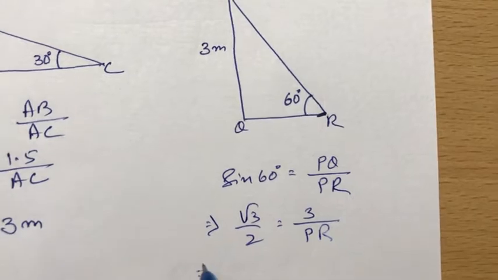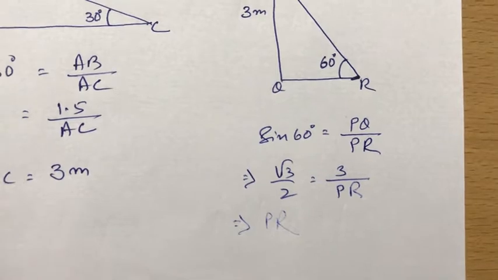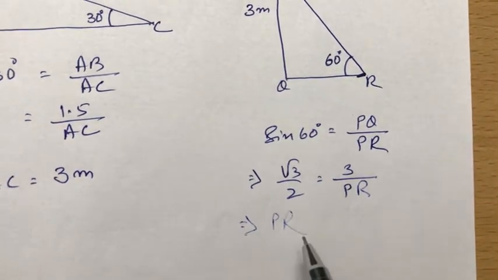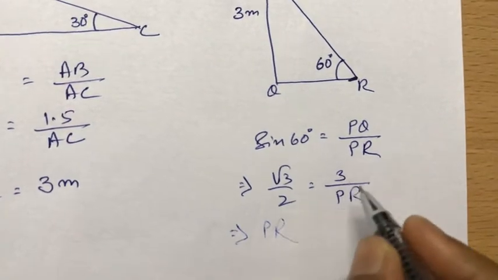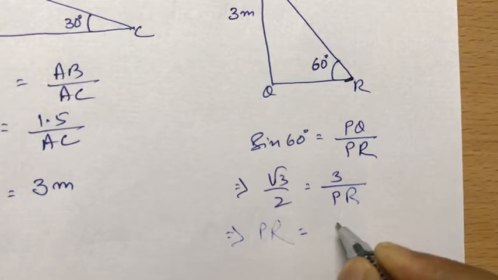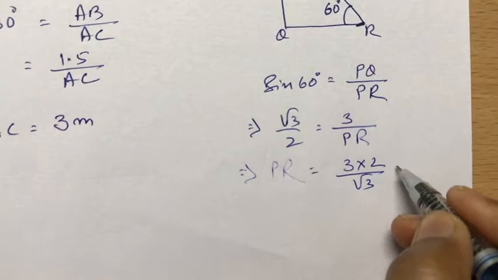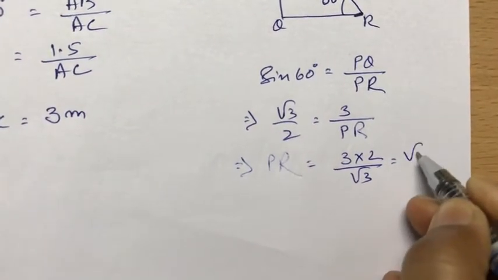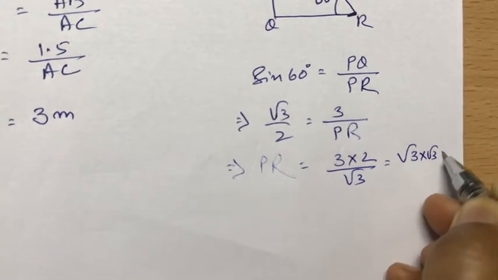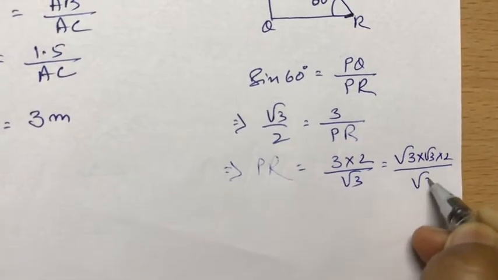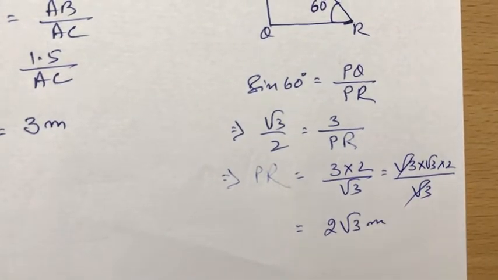This implies PR is equal to 3 into 2 by root 3. I can write 3 as root 3 into root 3, into 2 by root 3. So I can write it as 2 root 3 meters.